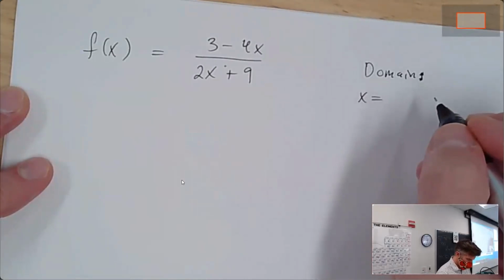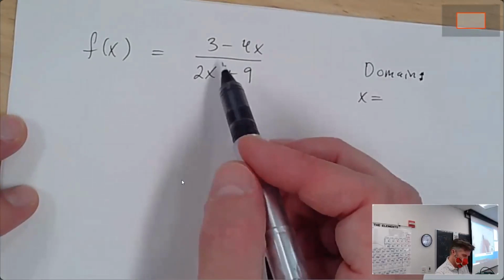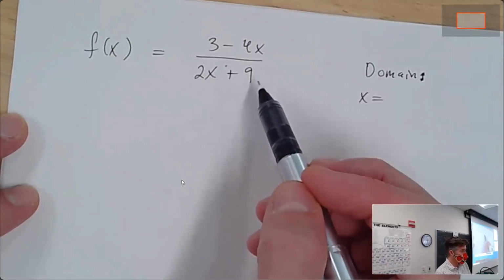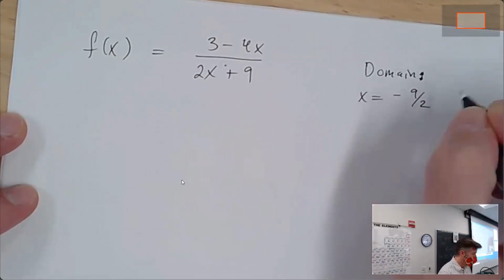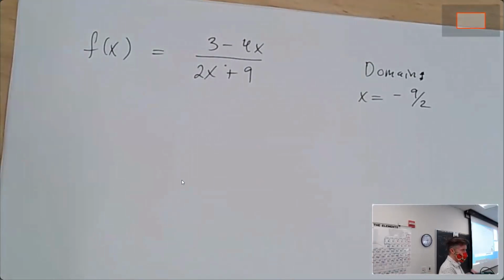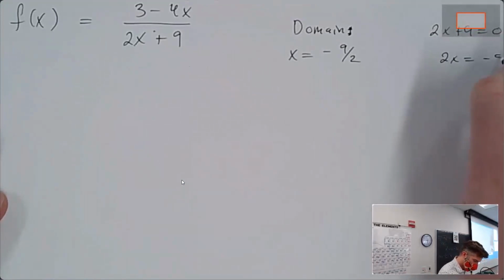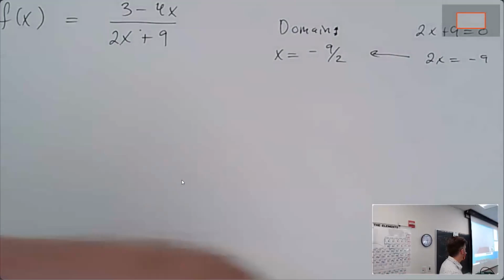If x is -3, we get -6 plus 9 in the bottom, which is okay. Or -4.5, right? -9/2, -4.5. Essentially what we're doing is setting the denominator equal to 0 and solving for x. Great, so that's the domain.